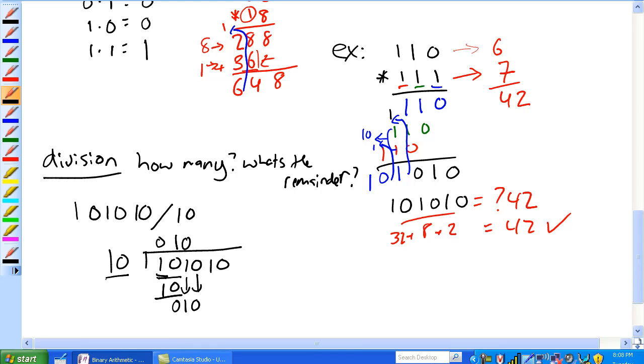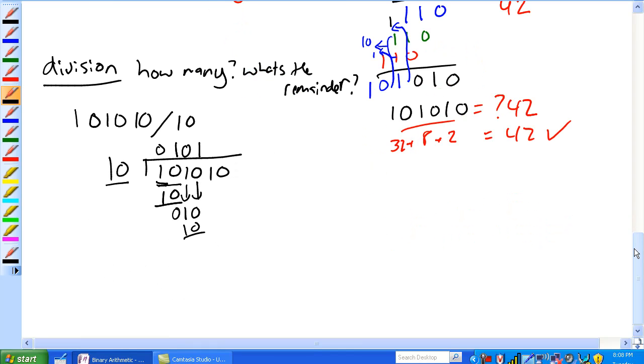How many times does 10 go into 10? Once. And our remainder is 0. Bring this guy down. 10 goes into 0 zero times. We'll bring this guy down. How many times does it go in there? Once.